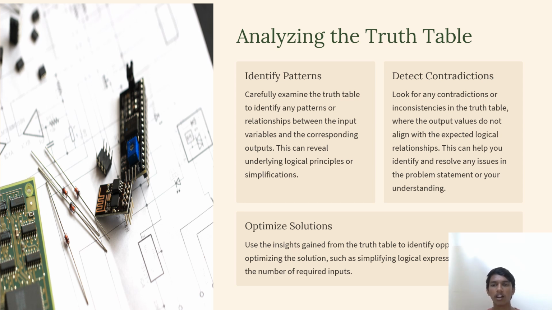This can help you identify and resolve any issues in the problem statement or your understanding. Optimize solutions. Use the insight gained from the truth table to identify opportunities for optimizing the solution, such as simplifying logical expressions or reducing the number of required inputs.